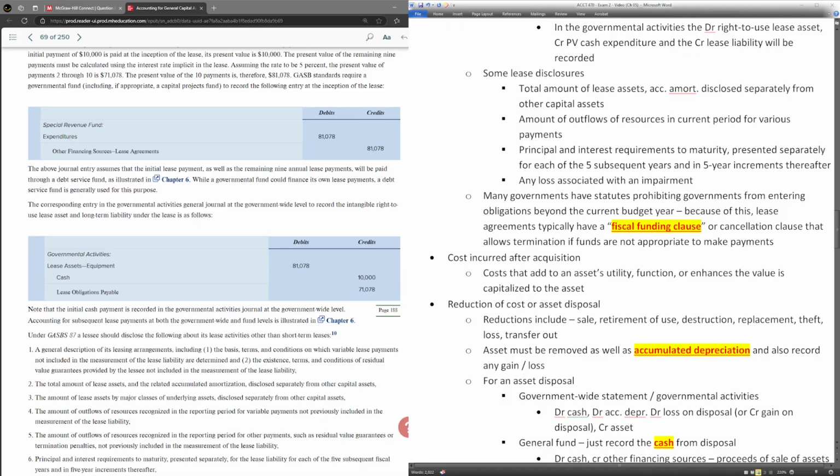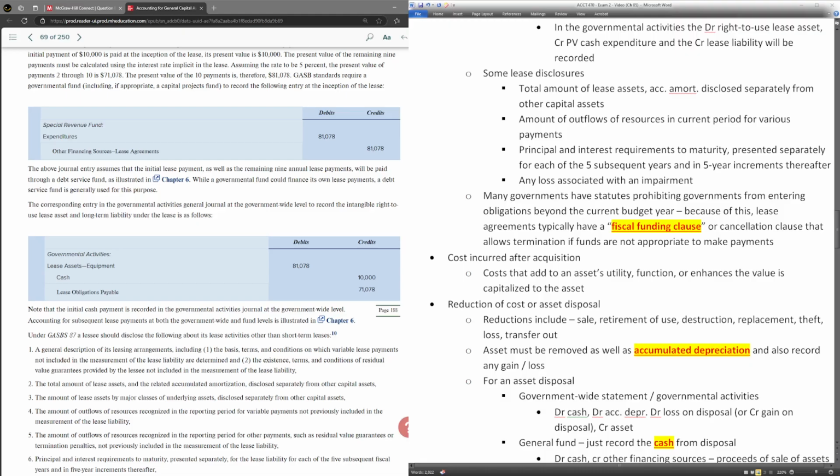Typically, you make the decision to enter into these capital projects for many years. And because some states or local governments have rules that we can only consider this year, we cannot approve funding for future years. We can only approve funding for this year.